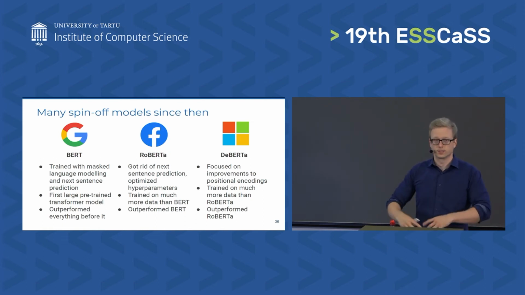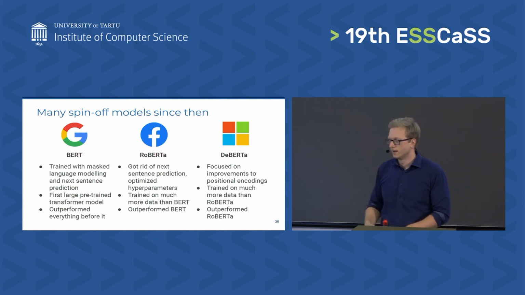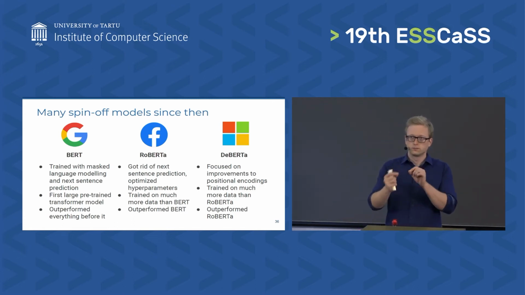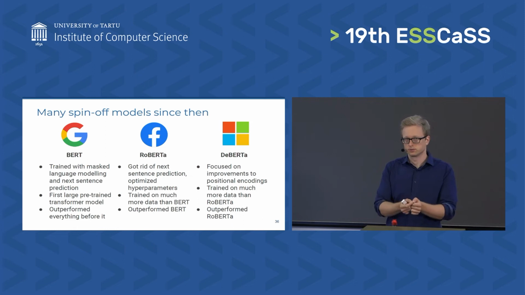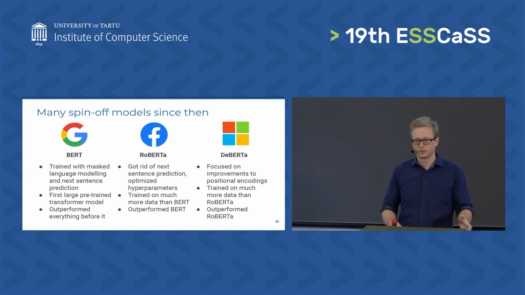It was trained on much more data than BERT, and it outperformed BERT. Then after that, Microsoft released DeBERTa, which specifically focused on better handling of the positional representations. It was trained on much more data than Roberta, and it outperformed Roberta. And this kind of competition between different companies just has been going ever since.